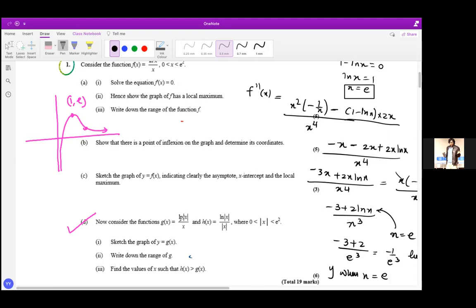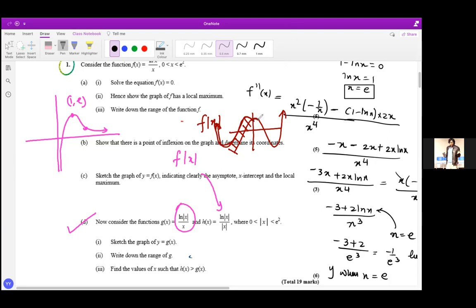What is interesting is that this function is not completely the f of absolute value of x function. This is the absolute f of absolute value. So sketching h of x is pretty easy. Just reminding you, how do we sketch f of absolute value of x? Suppose you have a certain part of the graph, irrespective of this question, you cut down the left side of the graph and reflect the remaining part across the y-axis.